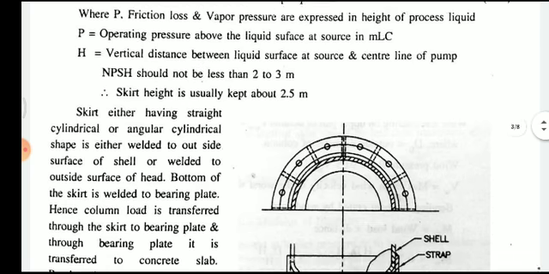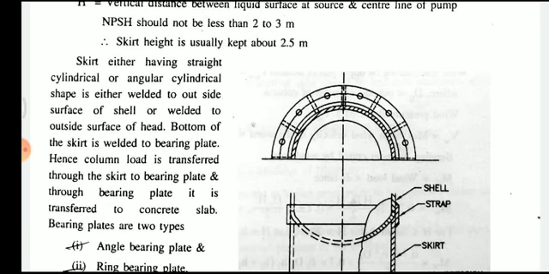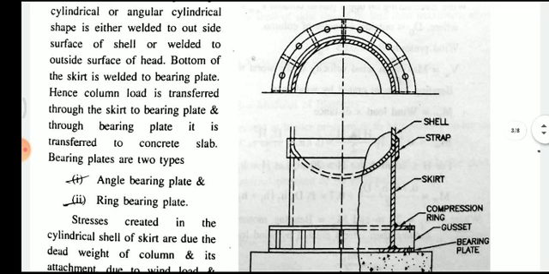A skirt, either straight cylindrical or conical in shape, is welded either to the outside surface of the shell or to the outside surface of the head. The bottom of the skirt is welded to the bearing plate, and hence the column load is transferred through the skirt to the bearing plate, and through the bearing plate to the concrete slab.